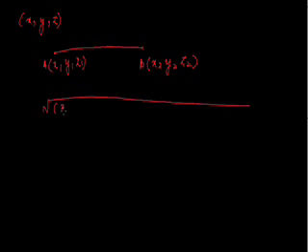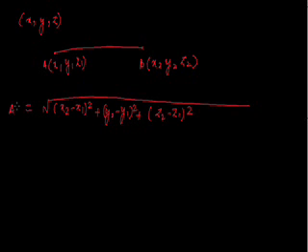So it is x2 minus x1 whole square plus y2 minus y1 whole square plus z2 minus z1 whole square. This is the distance formula between 2 points in 3D space.